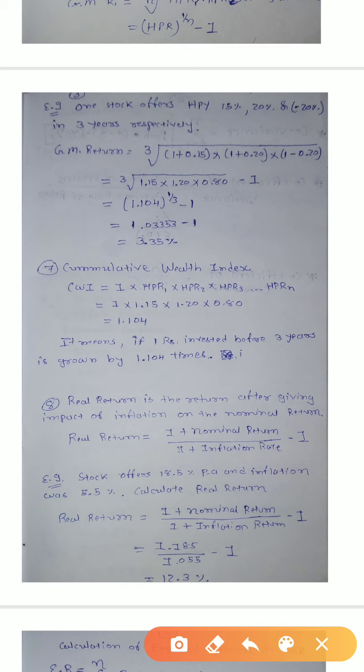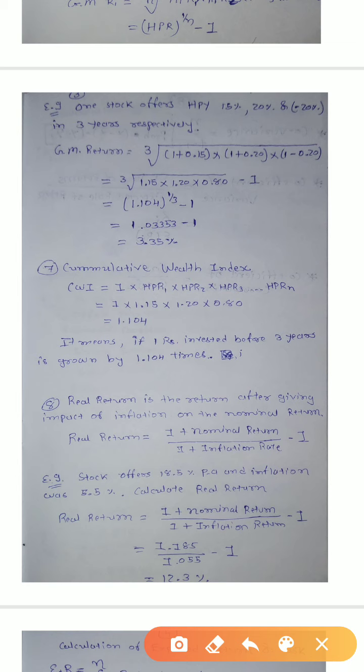Suppose one stock offers 18.5 percent per annum and inflation was 5.5 percent, calculate the real return. The nominal return is given, that is 18.5, and real return we need to calculate.